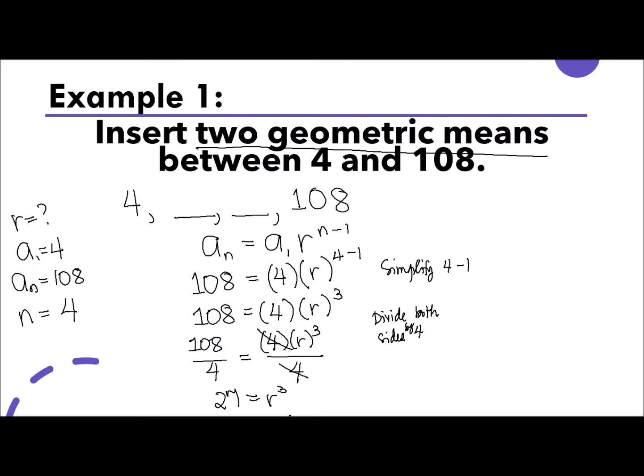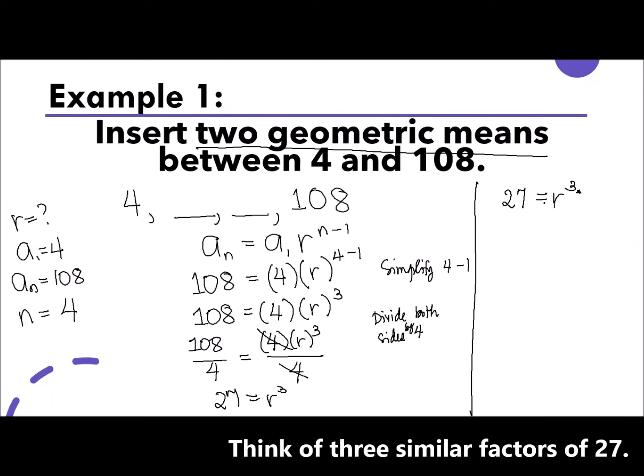Okay? So, right now, ang goal naman natin, makuha si r, pero kasi may exponent na 3. So, tuloy natin dito. 27 is equal to r raised to 3. If you will encounter this, diba, ang clue mo dyan kasi yung exponent na 3. Iisip ka ng number ng tatlong pare-parehas na number na ang sagot daw ay 27.